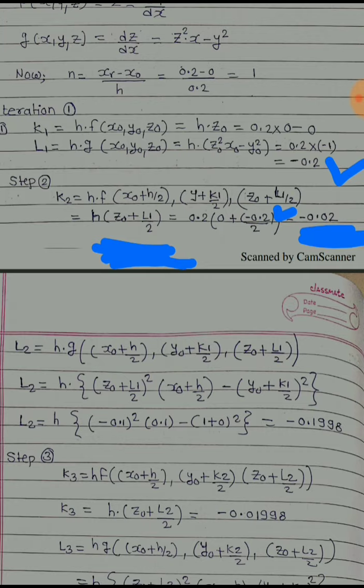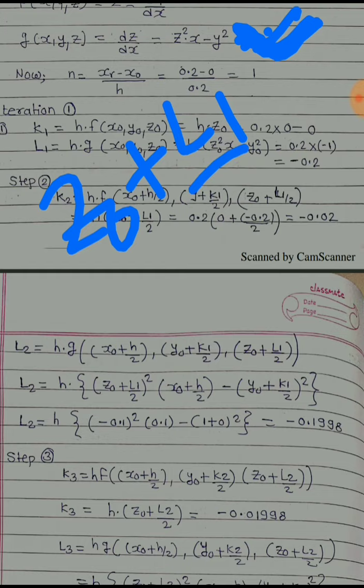Once we have K2, the next work is to calculate L2. While calculating L2, we are going to use this equation, the equation shown here, z square dot x minus y square. In this equation, instead of z you need to put z0 plus L1 by 2, instead of x we need to put x0 plus h by 2, and instead of y we need to put y0 plus k1 by 2.